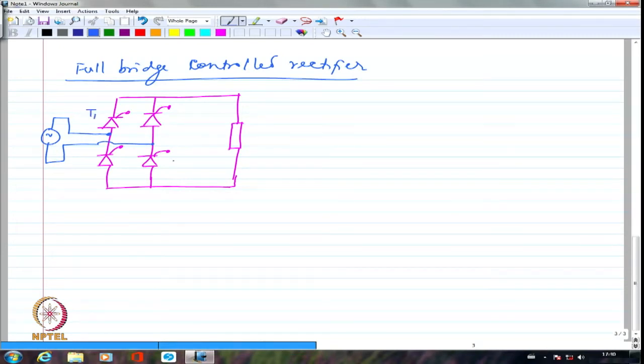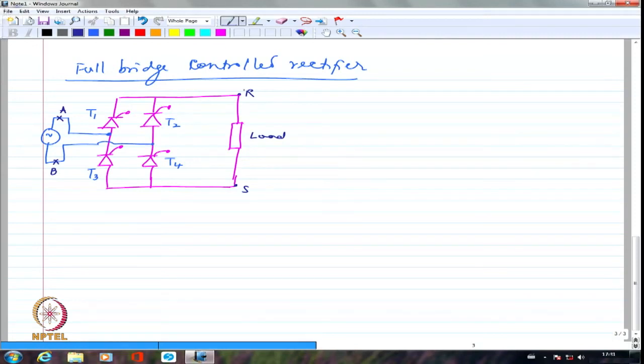This is T1, this is T4, this is T2, this is T3. Let me name this point as A and this point as B, and I am going to have this as the load. Maybe I can say R and S. These are the points.